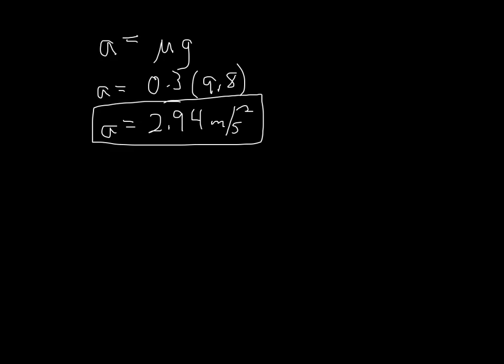Okay, so now I know this acceleration. I can use the acceleration and all the other information I have to find what the change in position is. I can use the equation 1/2 times Vf squared minus V naught squared equals a times change in x.